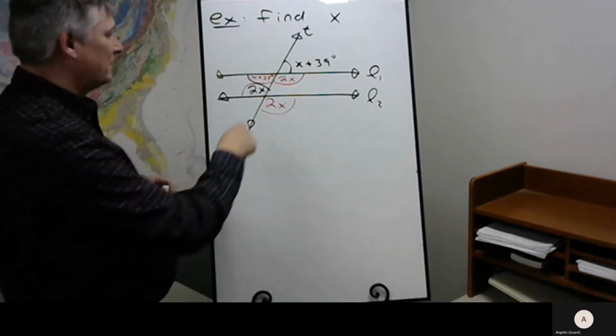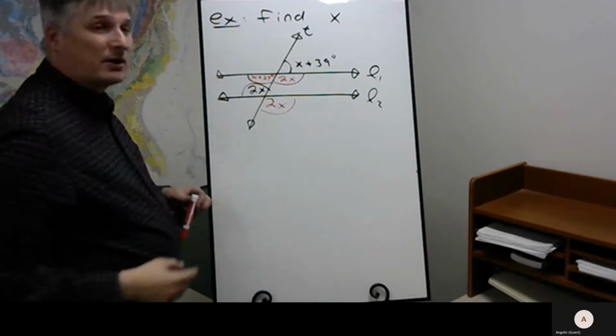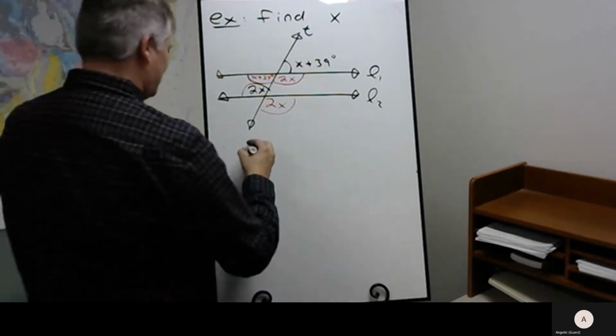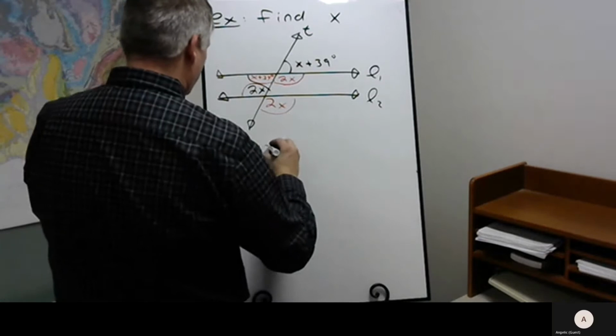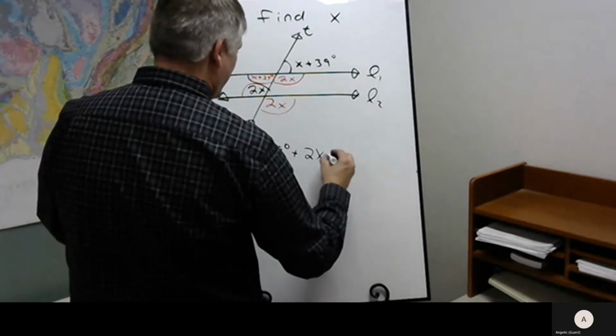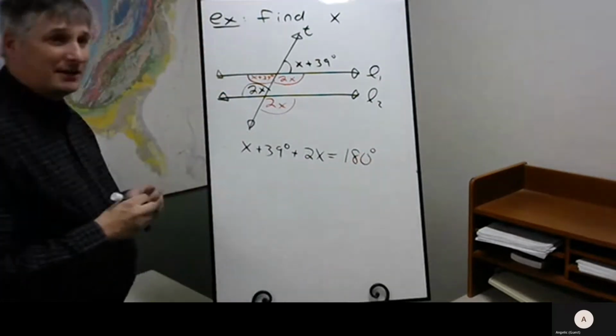Because now, these two are part of a supplementary set of angles. So that means x plus 39 degrees plus 2x equals 180 degrees.